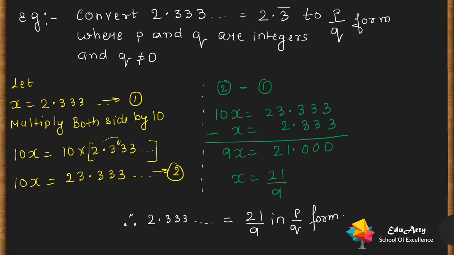Not very difficult. Getting it? I think we can reduce this, correct? This is going to be 7s, this is 3s. So we can write this as 7 by 3 instead of 21 by 9. We can get it to the minimum, 7 by 3, in P by Q form.